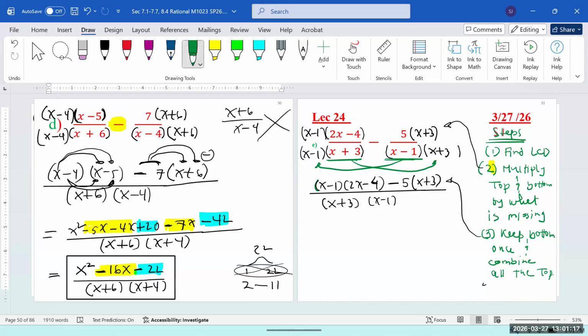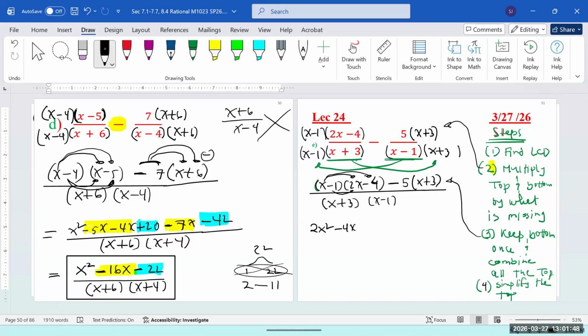Then fourth is simplify the top. Do whatever you need to do to simplify your numerator. So we start by distributing. X times 2x, what do you get? 2x squared. Then we multiply the next one, x times negative 4, negative 4x.